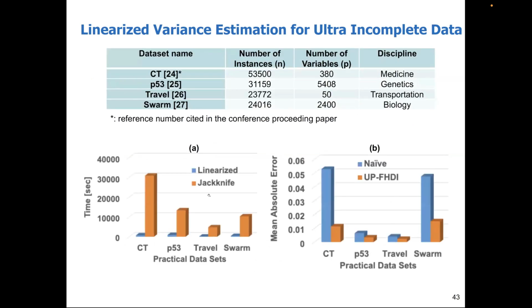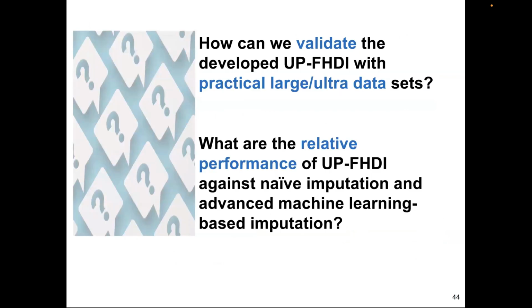As you see here, for practical data from medicine, genetics, transportation, and biology, we tested this. The jackknife method is very time-taking, as you see here, but the linearized technique is incredibly fast, and still very attractive compared to the jackknife method. FHDI can improve data curing incredibly.